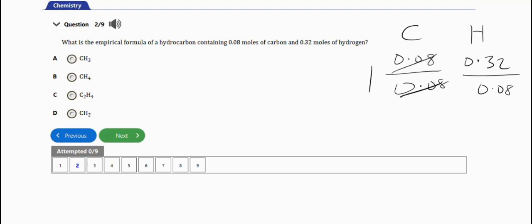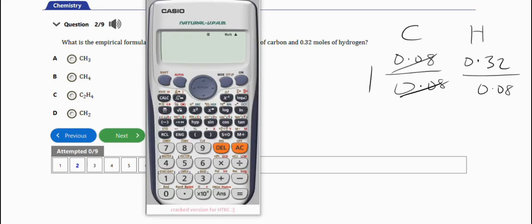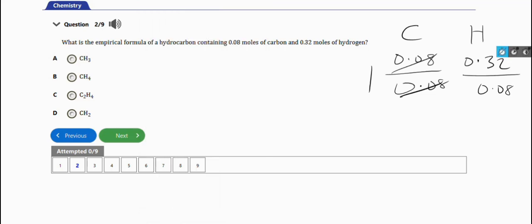Let's punch this in a calculator to get the other value. 0.32 divided by 0.08. What's the output? We have it to be 4.